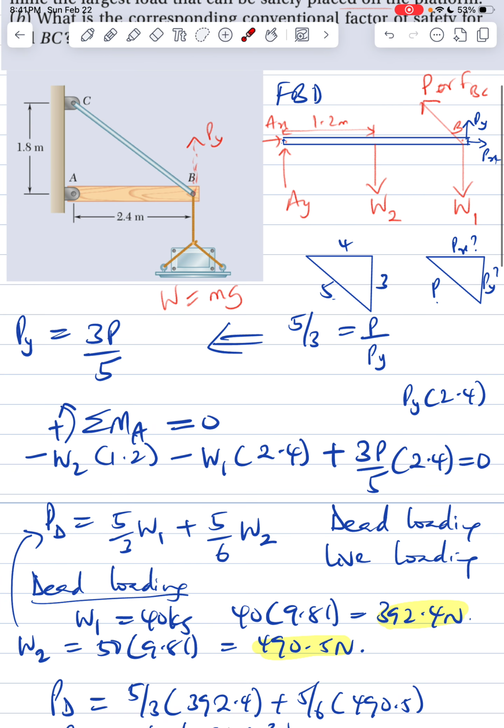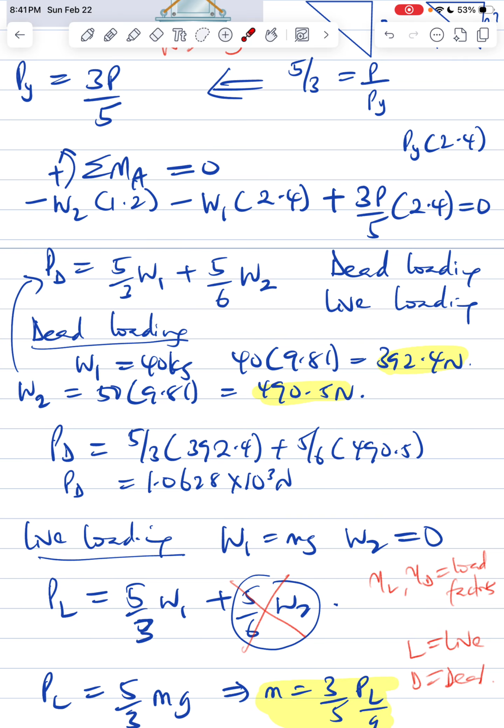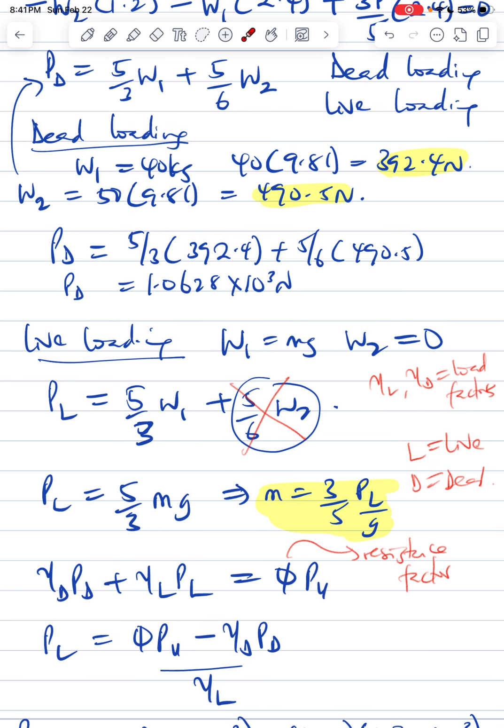Now for the live load, for W2, we don't consider the weight of the beam, right? So this W2 becomes 0, but then we consider W1. Now we know that W1 as weight equals mg, the mass times the acceleration due to gravity, right? At this point, W2 here is 0, so that cancels this part of the expression out.